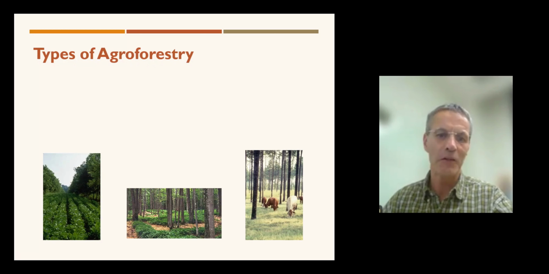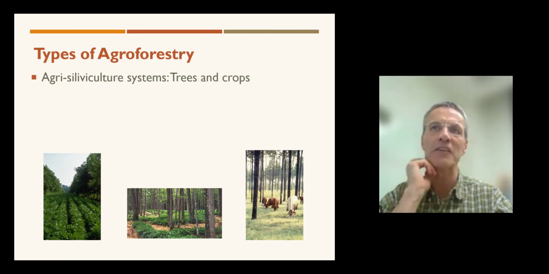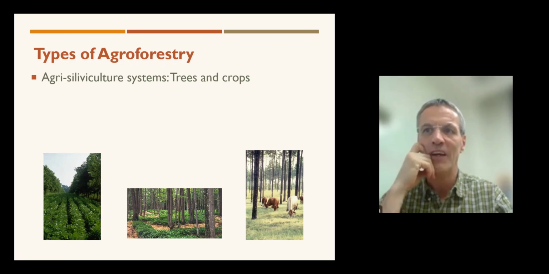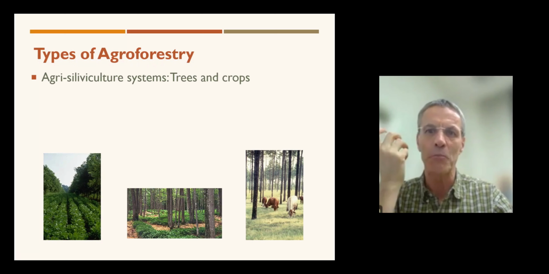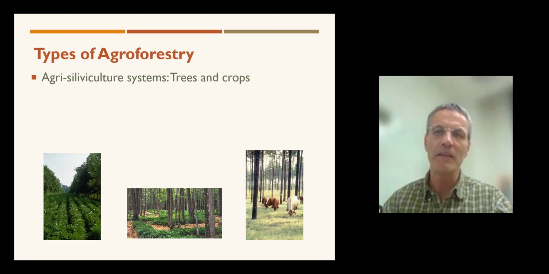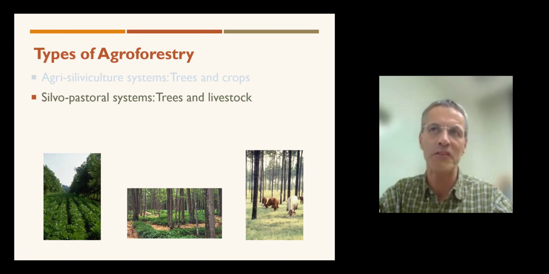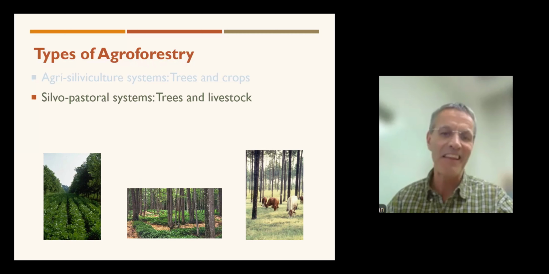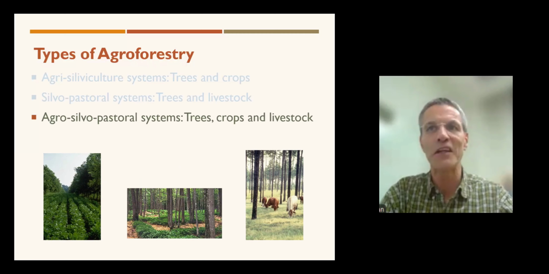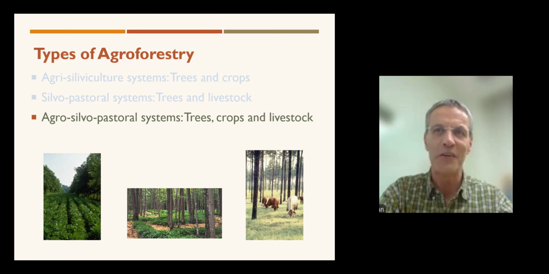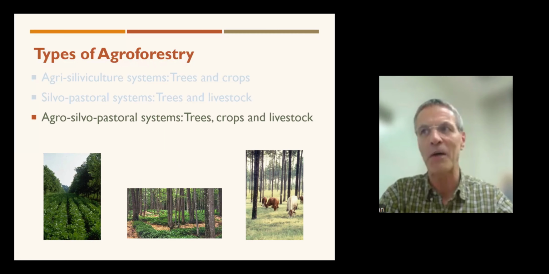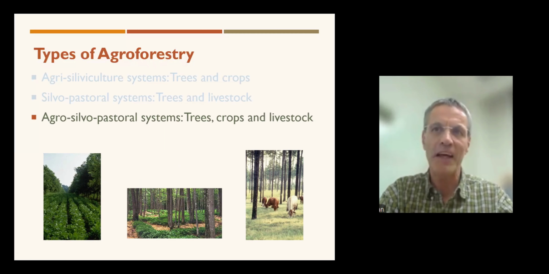So in the first type, it's called the agri-silviculture systems. You have trees and crops combined. And then in the second type, you have silvopastoral systems, which basically connects the trees and livestock. So the trees are always in there. And then the agro-silvopastoral system, where you have all three. You have trees and crops and livestock, all of that combined.